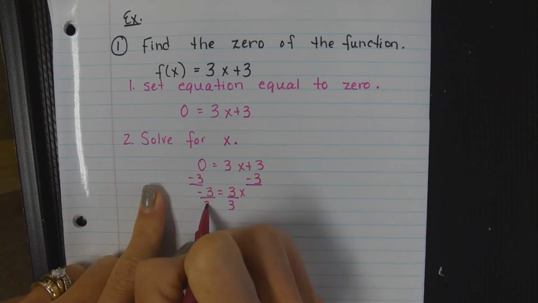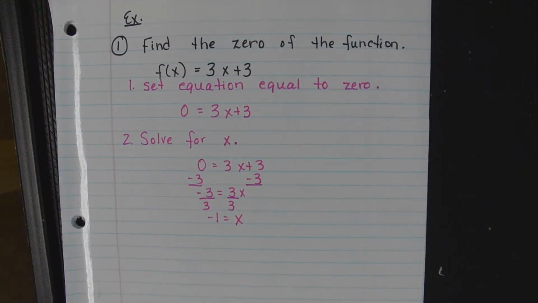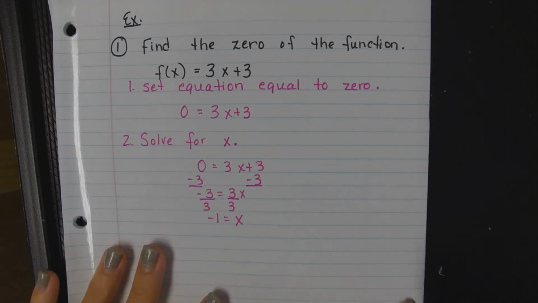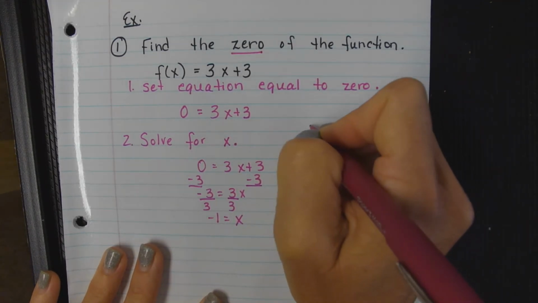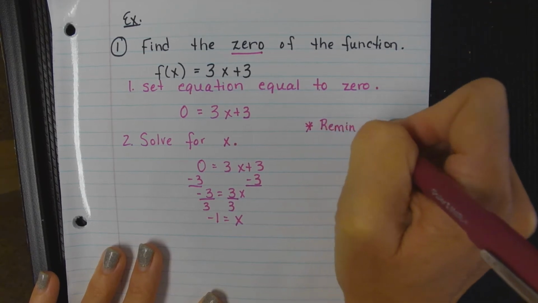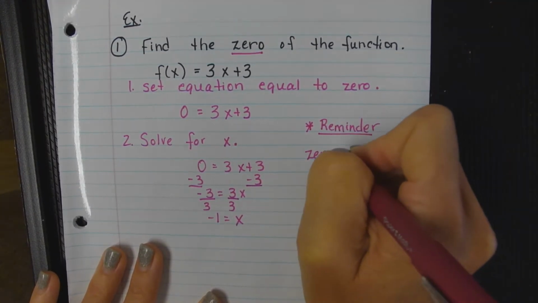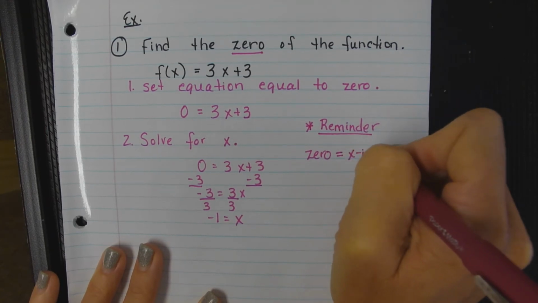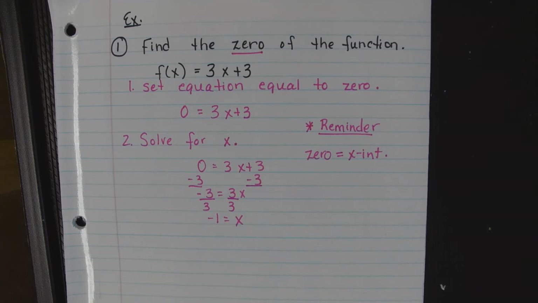What do we get? -1. Who got -1? Okay. Guys, keep in mind, the directions say find the 0. As a reminder, zero is also the x-intercept. Remember how you found the x-intercept? What do you let equal 0?